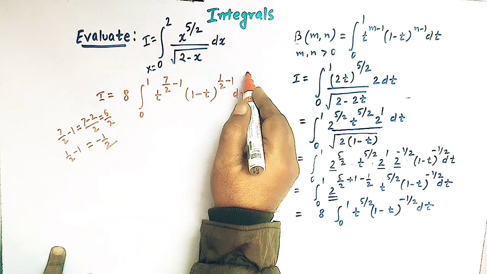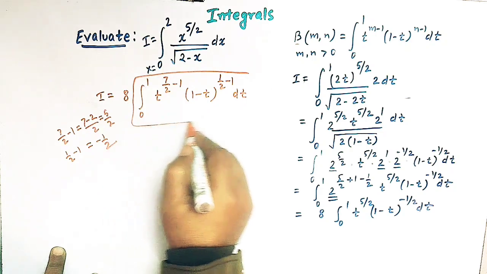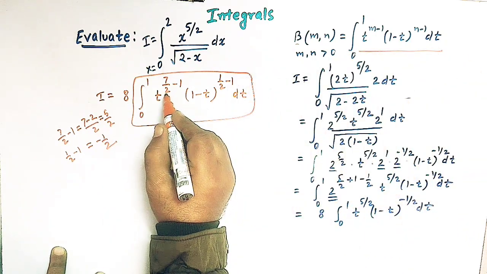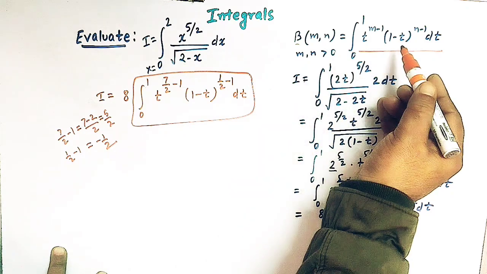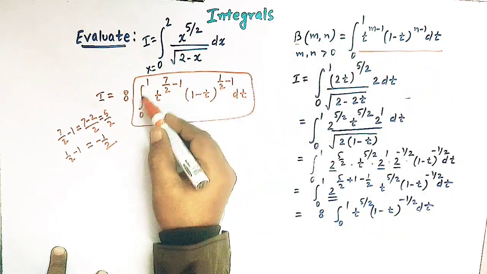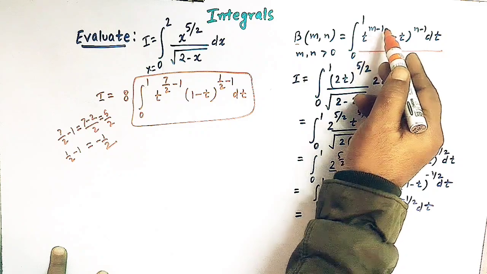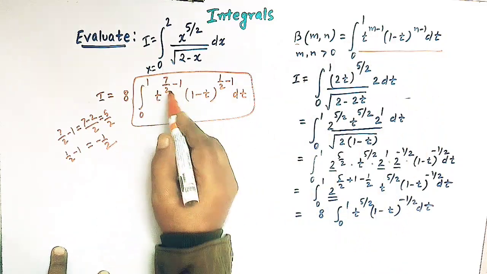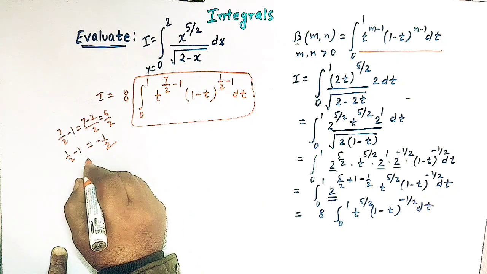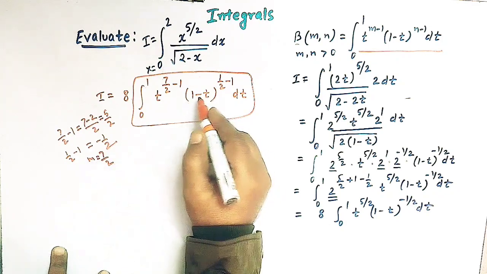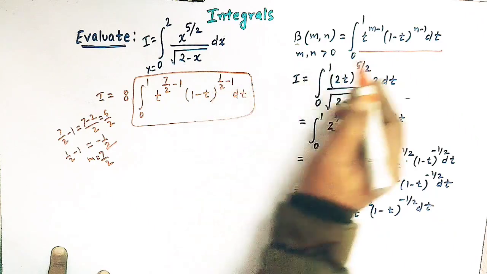So now we can see that this integral is similar to this one, right? And if we compare this integral with this one, here we have 0 to 1, 0 to 1, and t raised to m minus 1. So here we have t raised to 7 over 2 minus 1. So comparing, m is equal to 7 over 2, and here we have (1 minus t) raised to half minus 1.